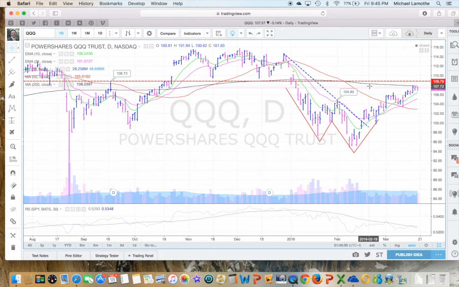Very similar to the weekly chart, it is butting right up against its 200-day moving average, and we also see this red dotted line here, which is the same area of resistance that we saw on the weekly chart.